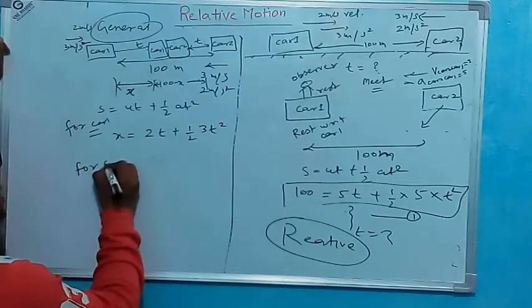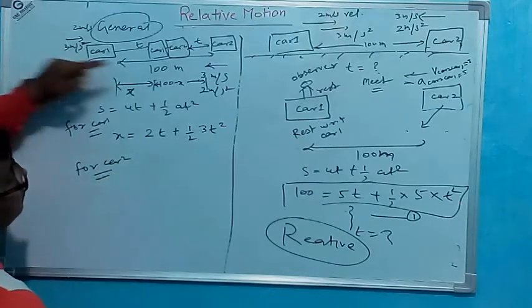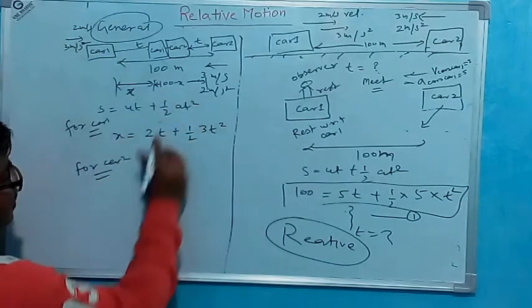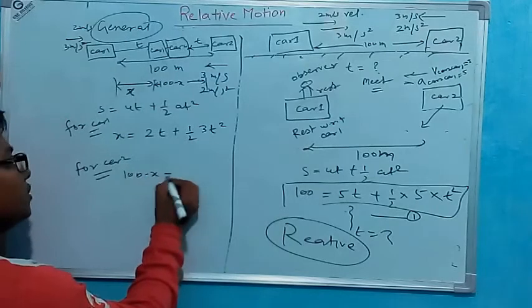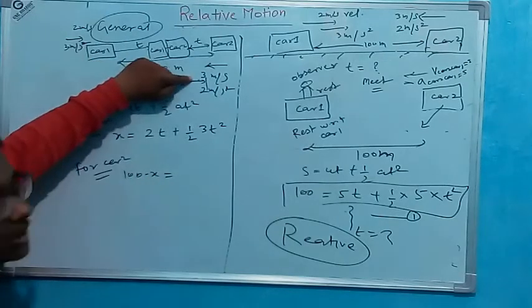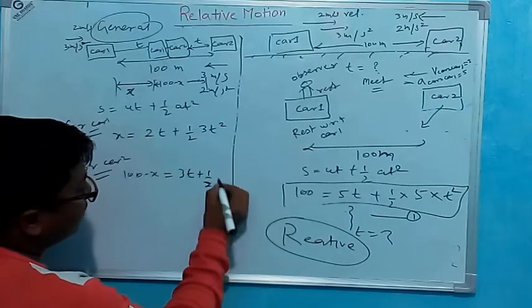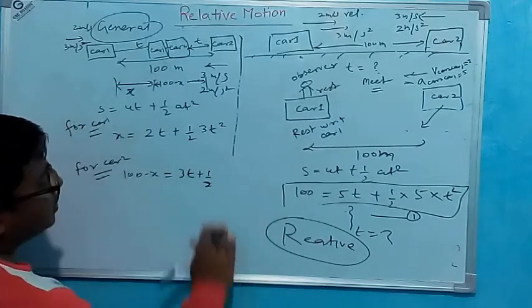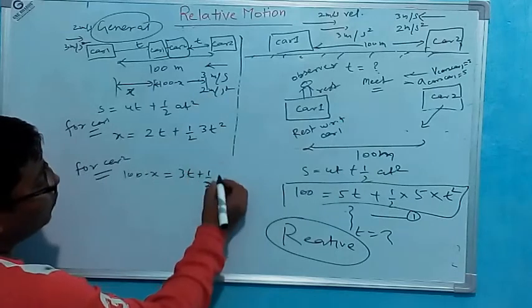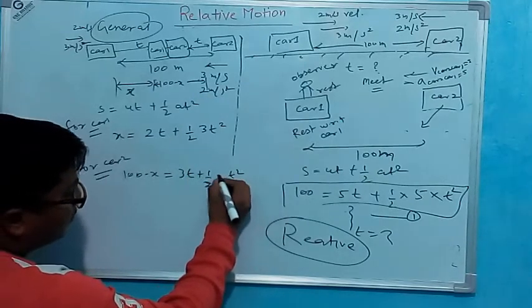And for car 2, s is 100 minus x, equal to u, which is 3 meter per second, so 3t plus half at square, which is 2t square.